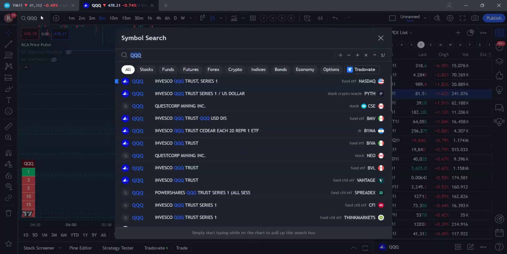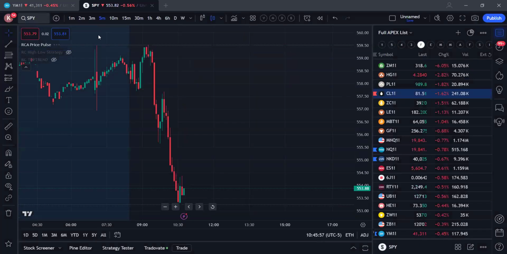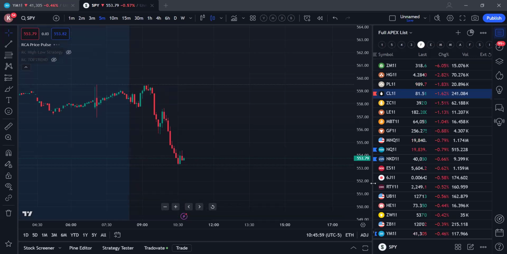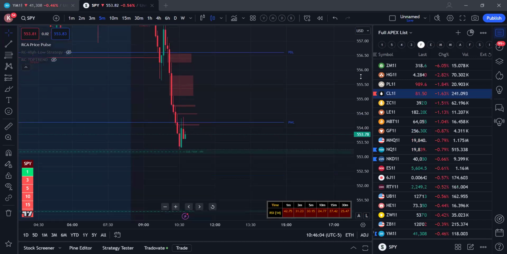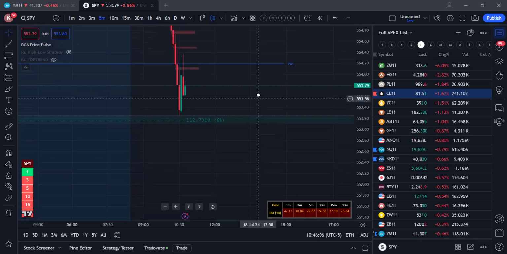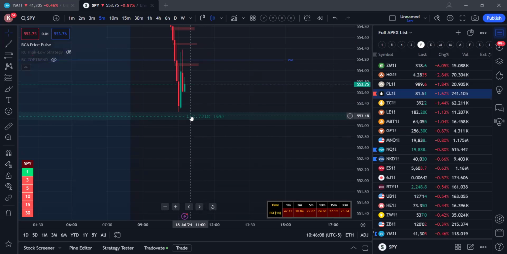In the same way, SPY, around 553.18 price can act as a support.